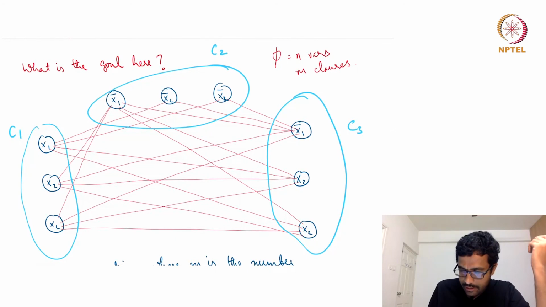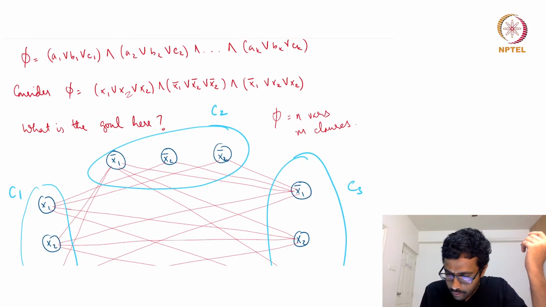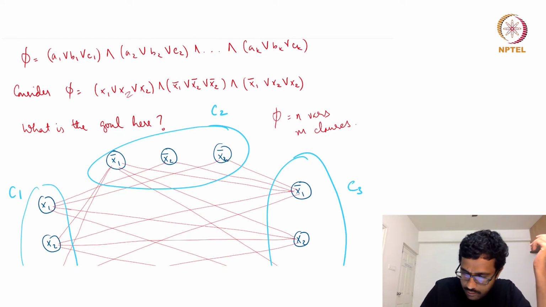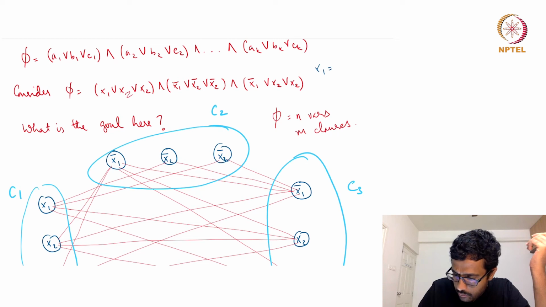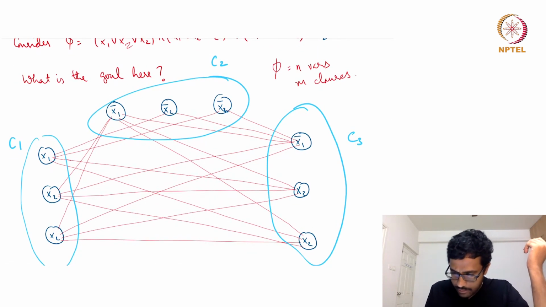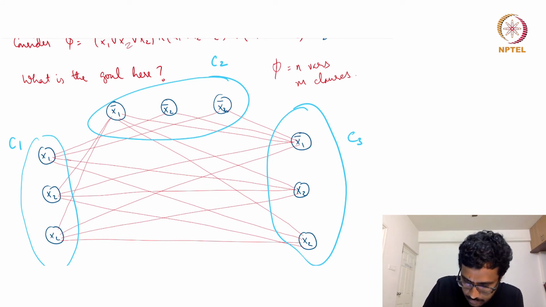Okay, so let us take, let's say, is this Boolean formula satisfiable? I believe yes. If you set x1 to false and x2 to true, everything is satisfied. x2 is true, x2 is true, here x1 is false. So what is the true literal in each clause? Here x2 is a true literal, so I will use maybe green color.